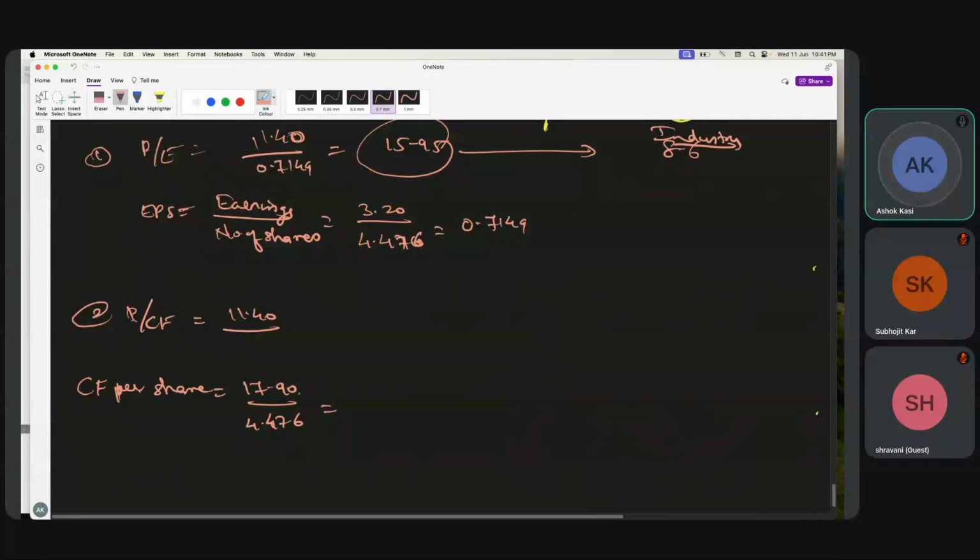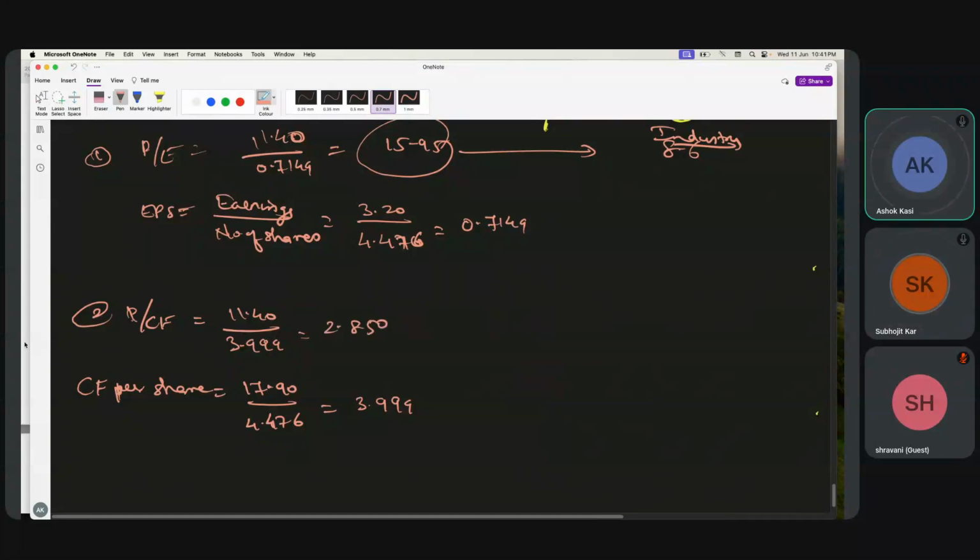That is 3.999, so about 4. Now calculate 11.40 divided by this: it's 2.850.